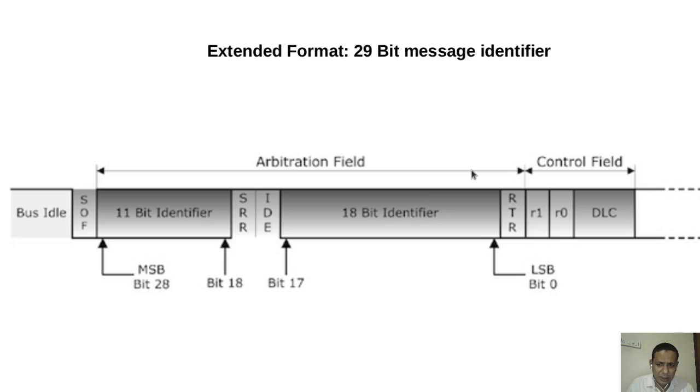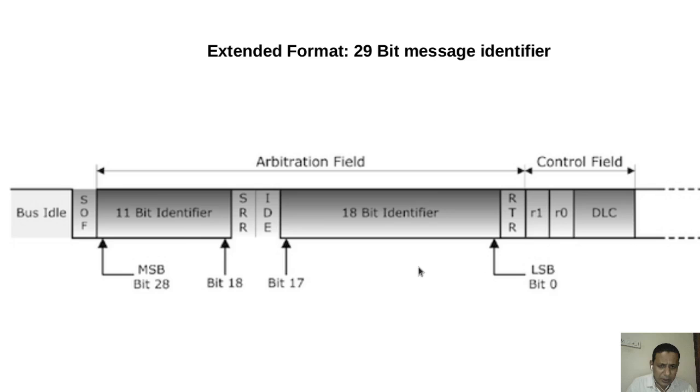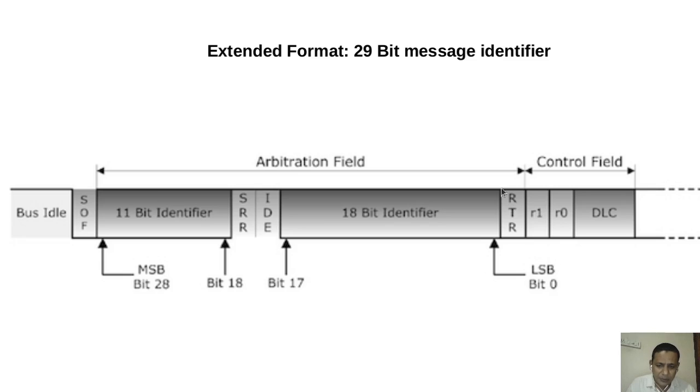That you can see here, in the standard frame format the IDE bit will come in the control field, and in the case of extended frame format the IDE bit will come in the arbitration field, that is, here the IDE bit will come.